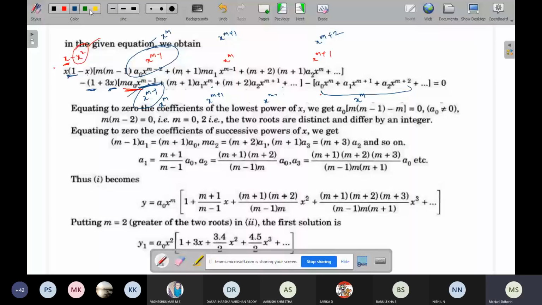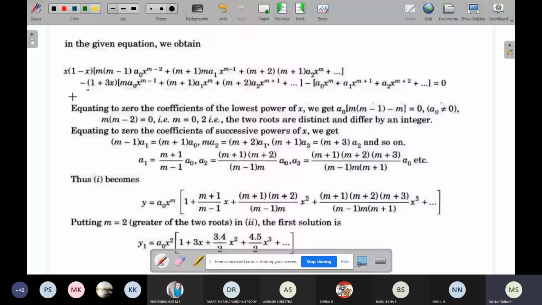That means we have to compare the coefficient of x^(m−1) and equate it to 0. So let's search for that. Multiplying this with this gives m(m−1)a₀. Multiplying x² with this gives x^m, so no other coefficient.